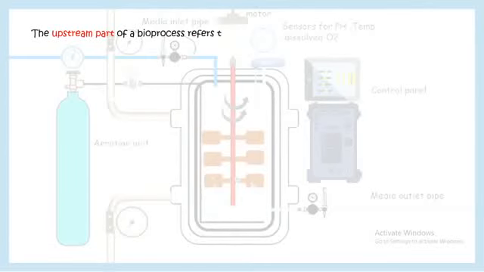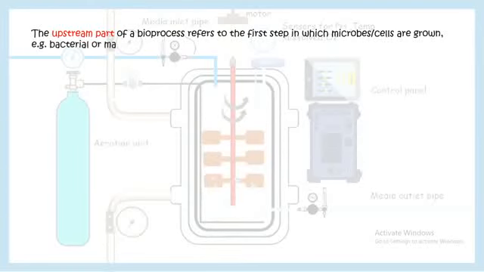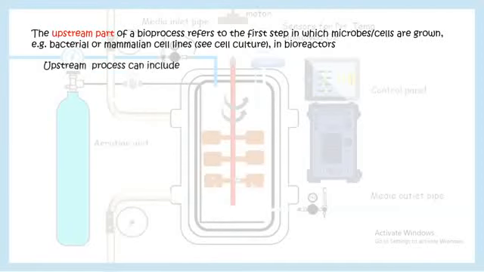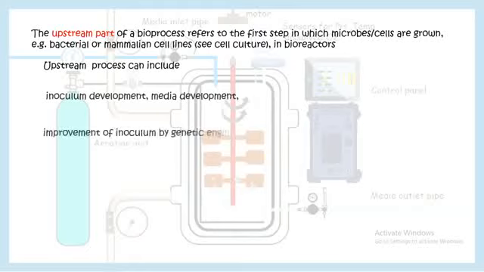The upstream process refers to the massive amplification of the microbes or cells, which generates the substances of our interest in a massive amount, but still in an unpurified stage, right? Upstream process can include inoculum development, media development, and improvement of the inoculum by genetic engineering.